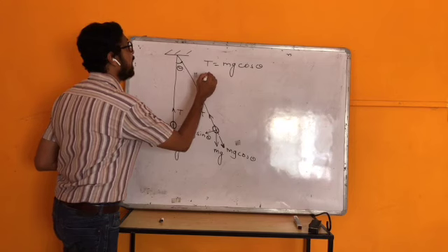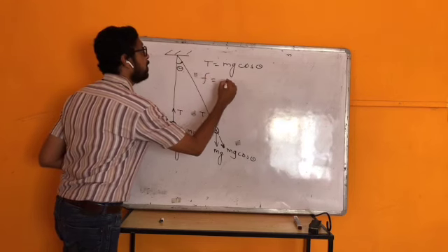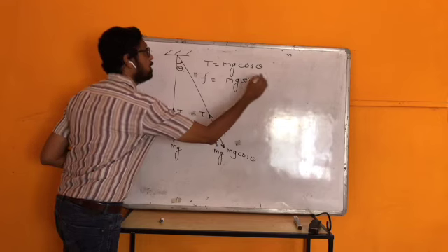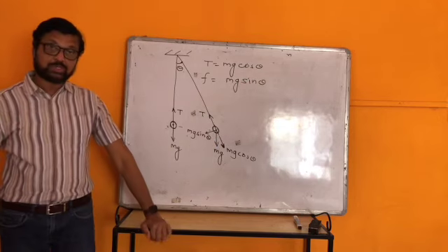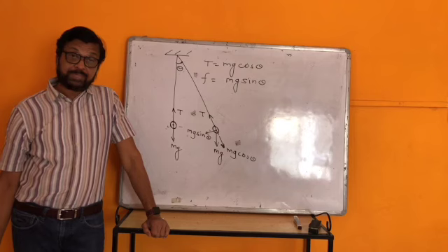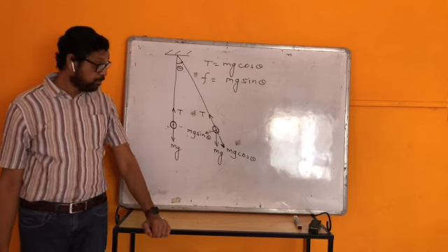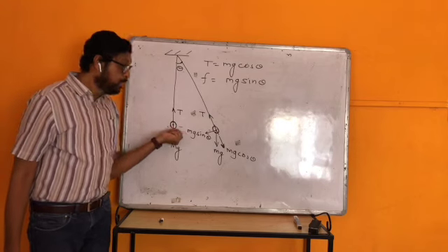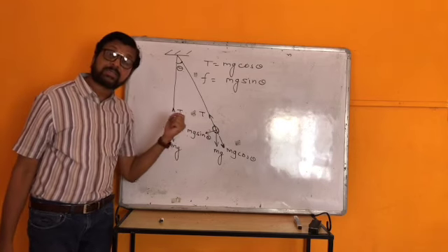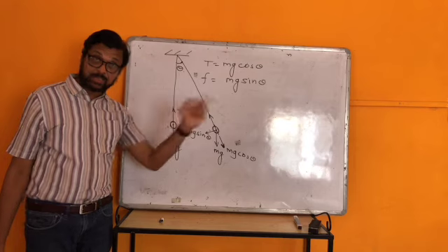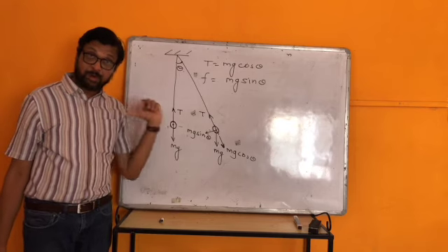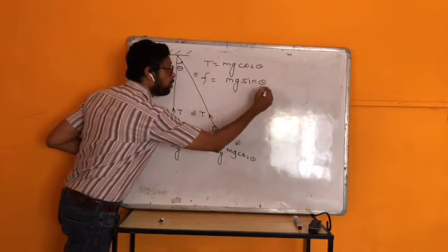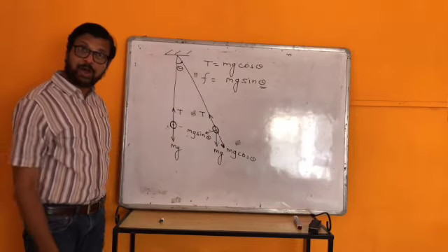So you can say that F is equal to mg sin theta. So the restoring force F is mg sin theta. Now we said that the bob is to be displaced slightly, not pulled too much. The bob is to be displaced slightly means that theta is very small.